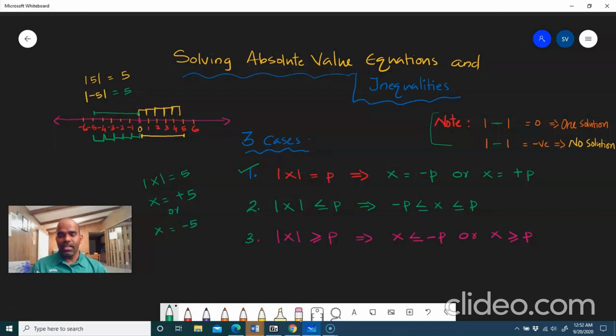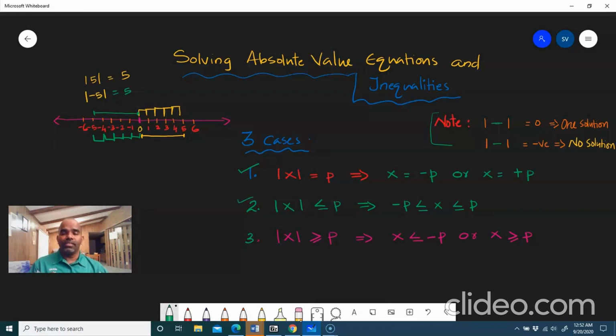Does that make sense? Because absolute value of x is equal to 5 means some particular number is 5 units away from 0. So you have to understand it in that way, then everything will be easy. If you have these kinds of absolute value statements, you can rewrite the equations like this.